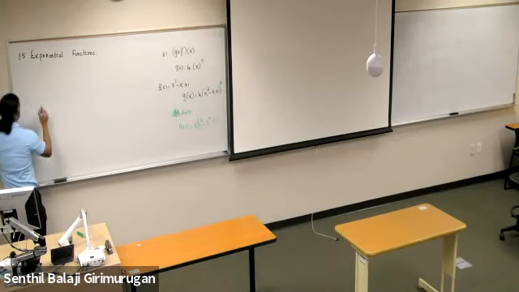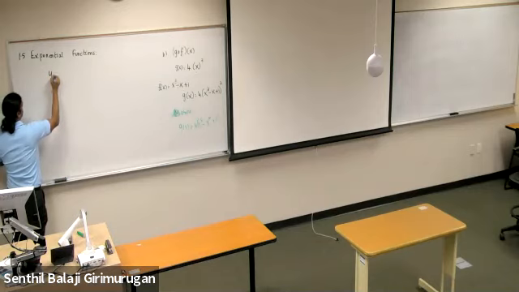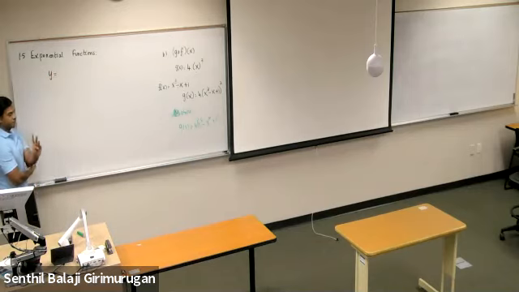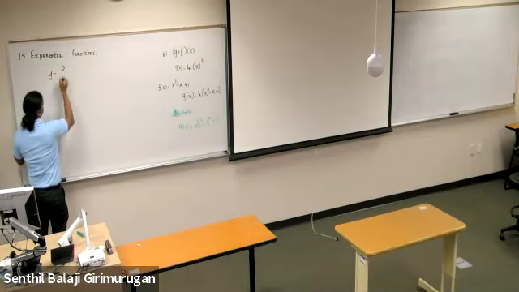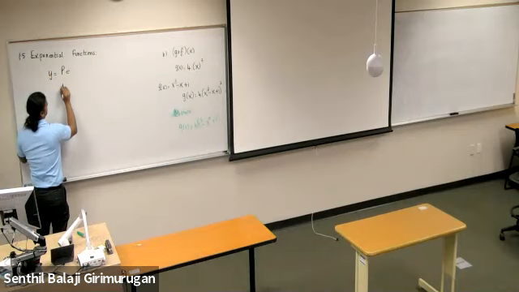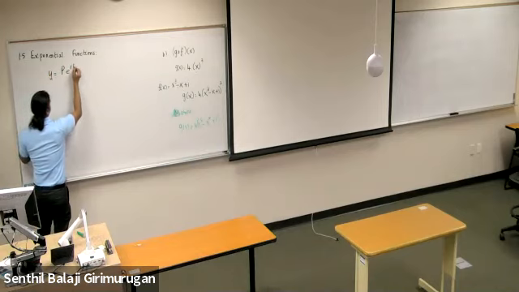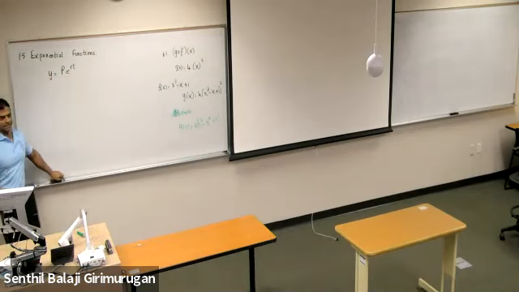So if we have a function y equal to, say, some number P, and e raised to r t. Now, I write it this way so that you guys can remember it.